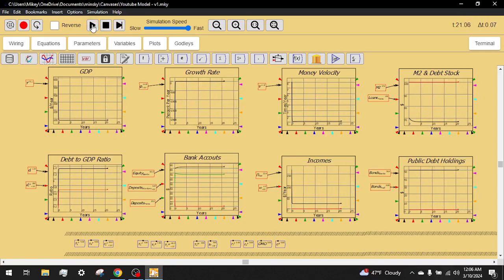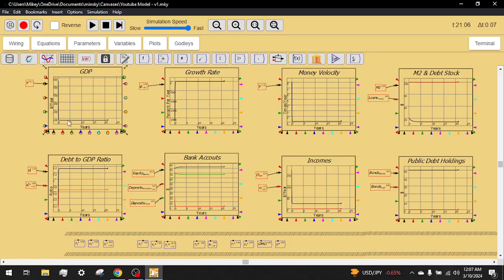All right, so I'll pause it right here. The simulation has been running for 21 years, thereabouts, and we see that everything has come to a nice equilibrium. The equity of the banks and the deposit accounts of the workers and the firms have flatlined. Everything is basically flatlined now.